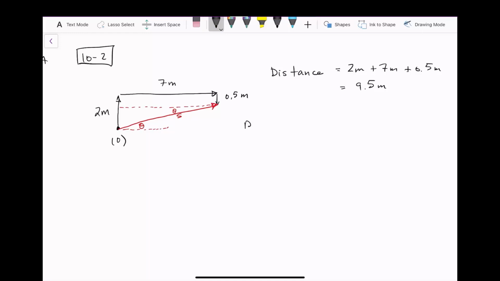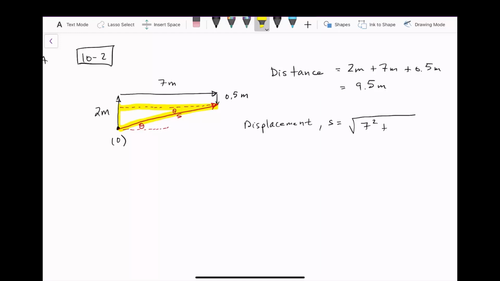So therefore, displacement, we'll call that S, is equal to, well, we have that inside triangle, right, where we have 7 on the one side, 7 squared, plus, this is where you'd be wrong if you said 2 meters, because the triangle that we care about here would just be this triangle right there, right?